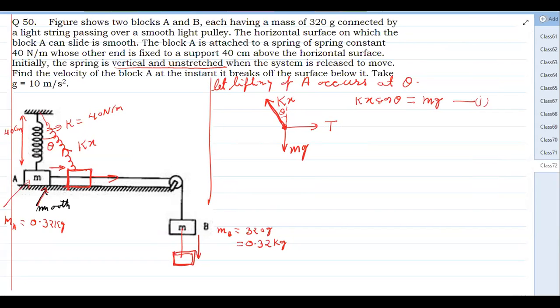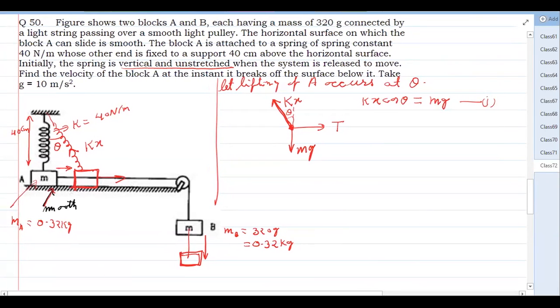Now, what will be x? So how do you find x? Suppose this length we call L. So the extended length, how much will this length be? The extended length L dash will be L sec theta.